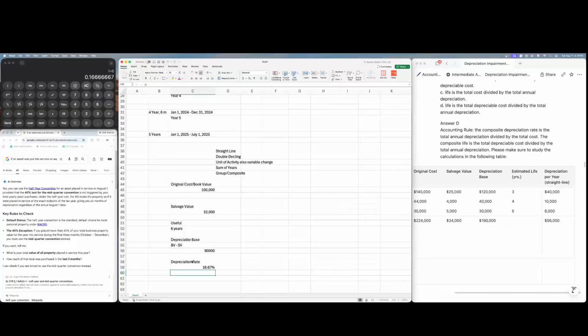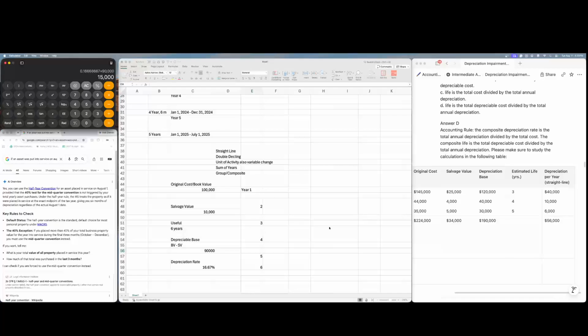Throughout the life of the asset, year 1, year 2, year 3, year 4, year 5, year 6, you would calculate the annual depreciation, and that depreciation would be fixed.